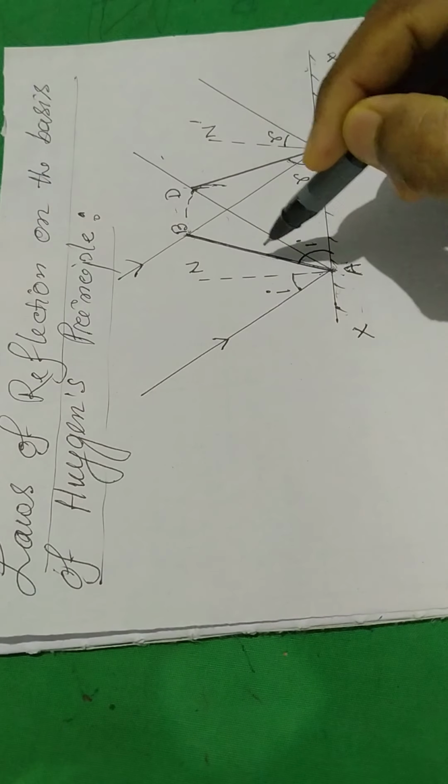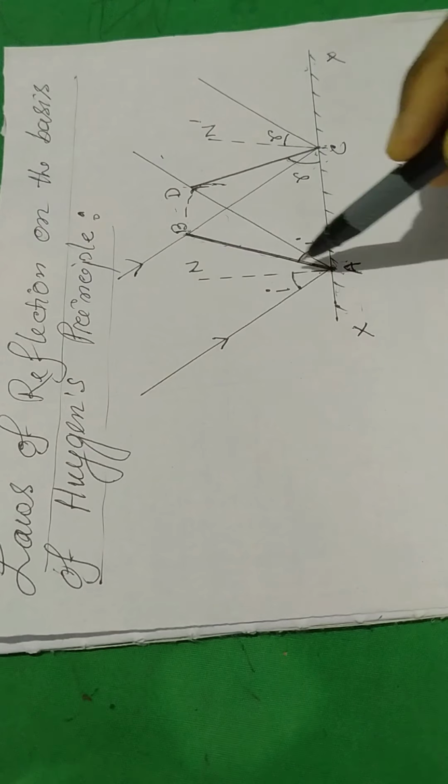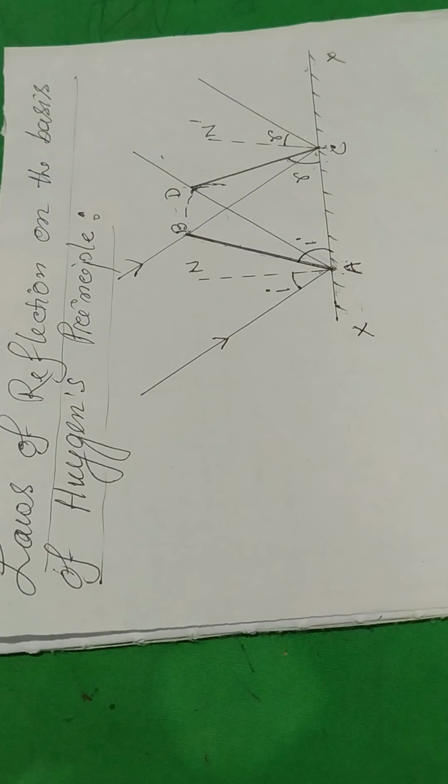So every point on the wavefront is a center of new disturbance which produces secondary wavelets. So here AB acts as a source of new disturbance.